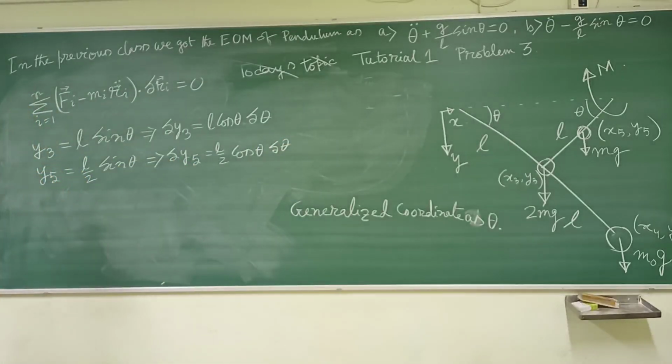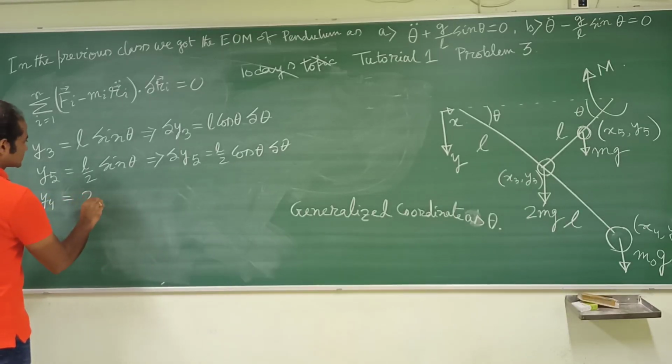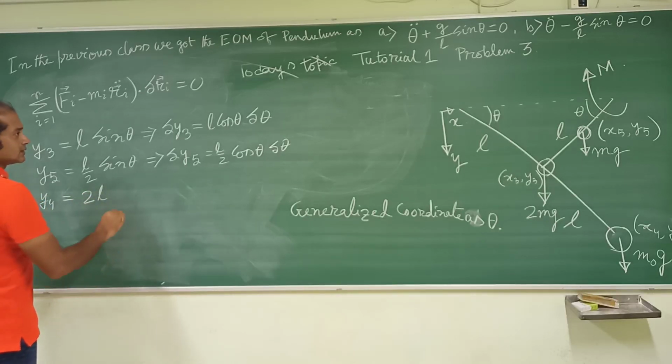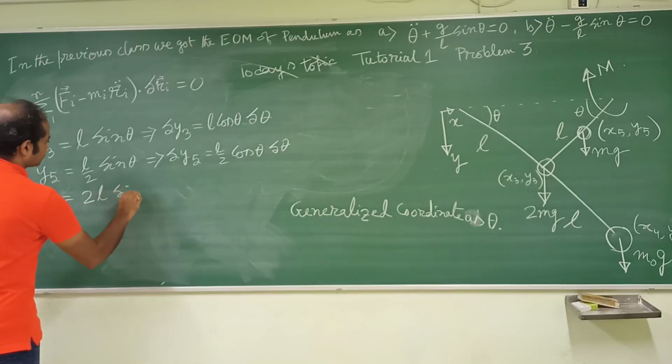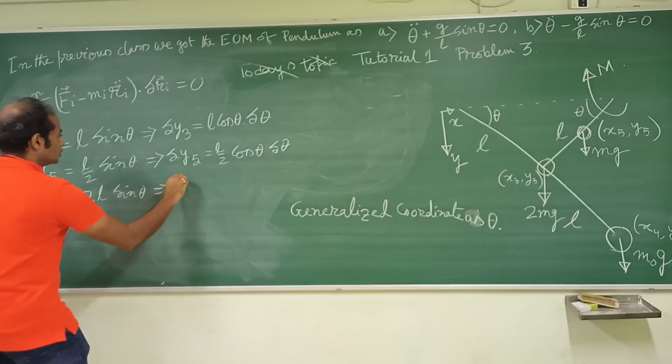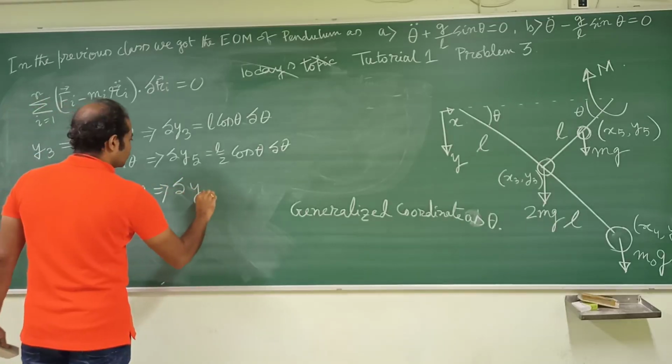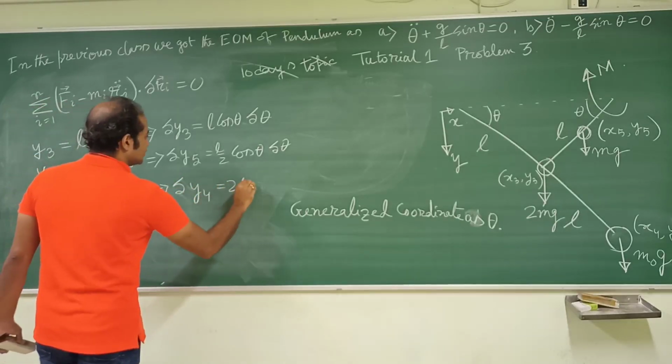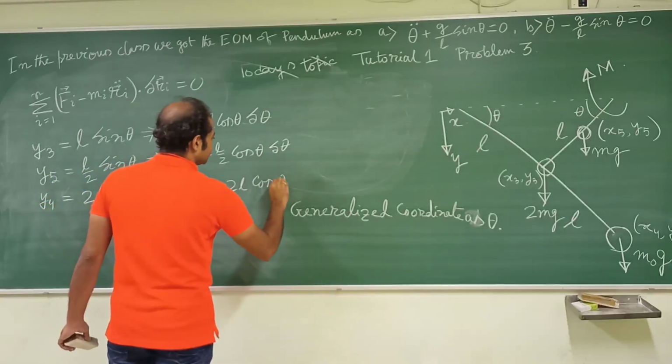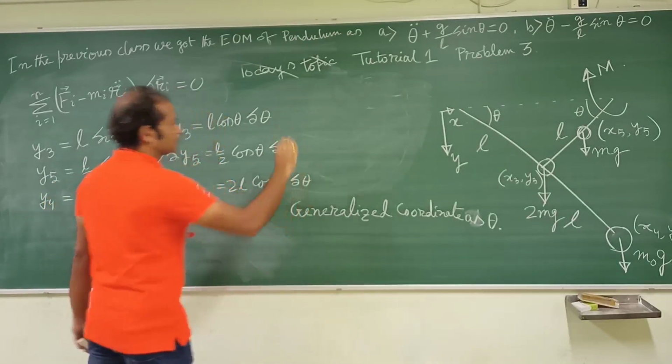Next, what else? Yes, y4. y4 is equal to twice L sin theta, which leads to del y4 is equal to twice L cos theta delta theta.